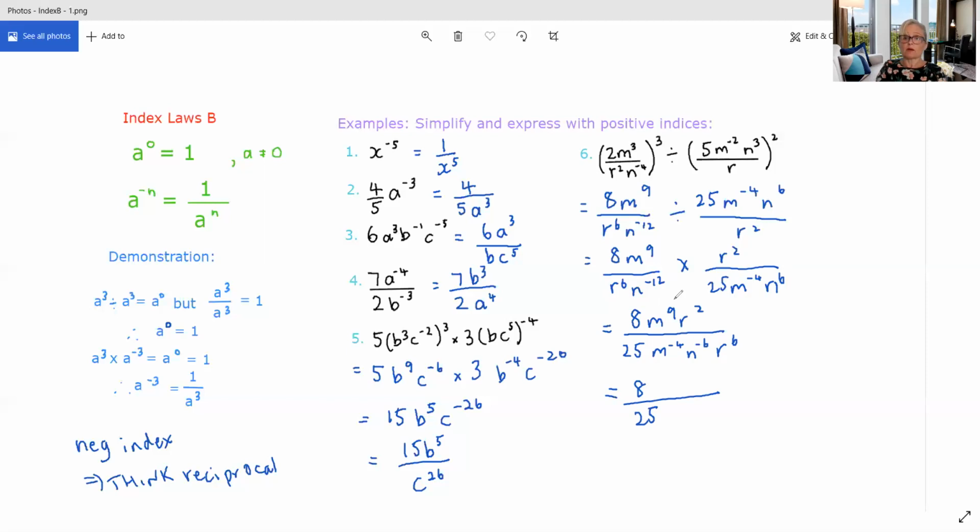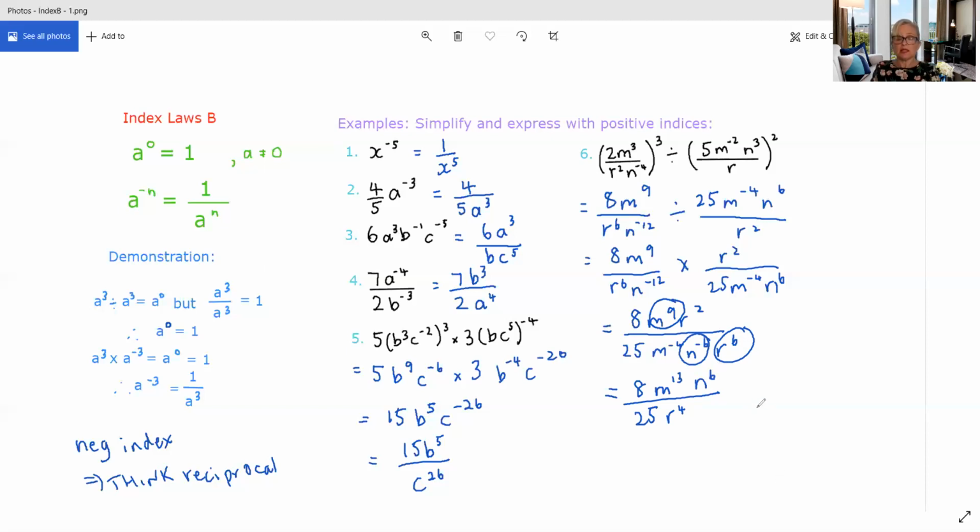The bigger power of the m is in the numerator. So we're going to do m to the 9 divided by m to the negative 4 will be m to the 13. The bigger power of r is in the denominator. R to the 6 divided by r squared is r to the 4th. And then we've got an n to the negative 6. So that's the same as n to the 6 in the numerator.